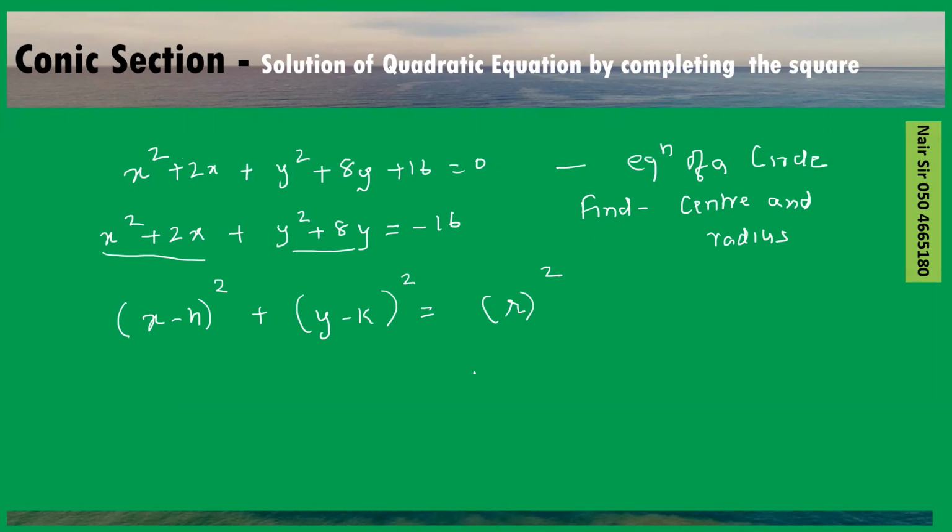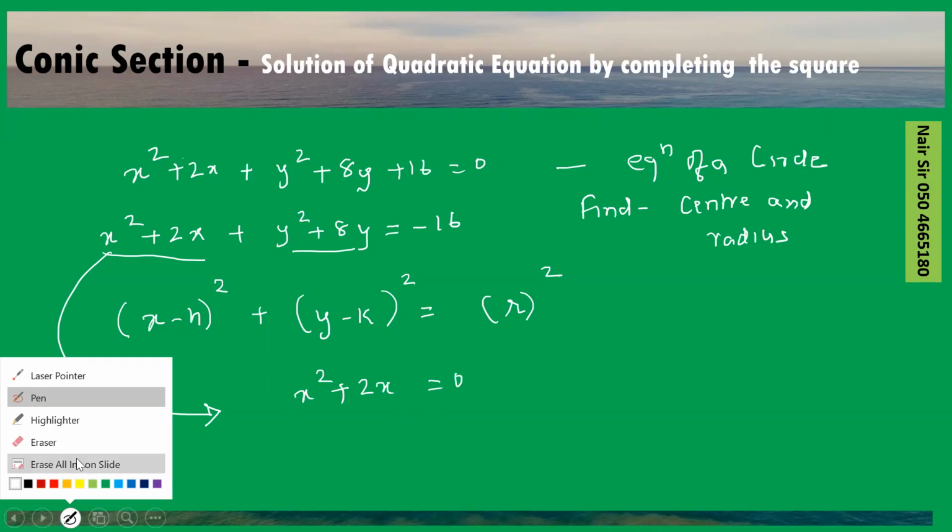What step do I need to follow? This is where I need to learn. How do I convert this? This is what I'm going to teach you. Okay, let's get onto the board.